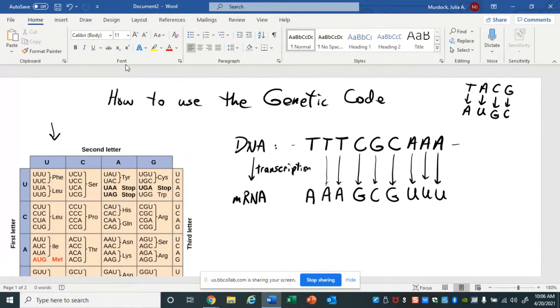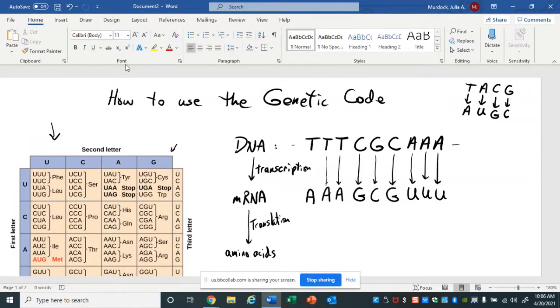Now, messenger RNA is going to go out into the cytoplasm. It's going to find a ribosome. And on the ribosome, it's going to go through translation, the second step in protein making. And here's where you use the genetic chart. We're going to make a string of amino acids. So here's what you need to know.